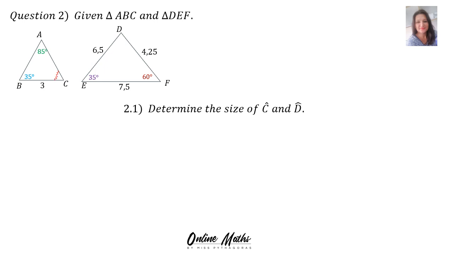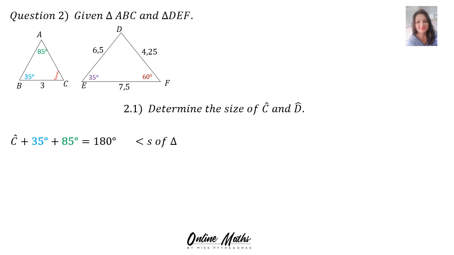And in our little red toolbox, we have a theorem that says the interior angles of a triangle are supplementary. Supplementary means they add up to 180 degrees. So we can start by saying that angle C plus B, which is 35 degrees, plus A, which is 85 degrees, is equal to 180 degrees. And your reason, angles of a triangle.